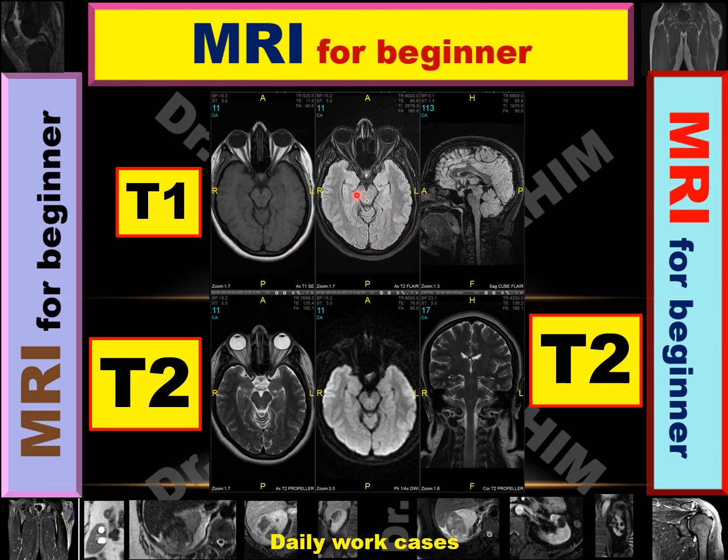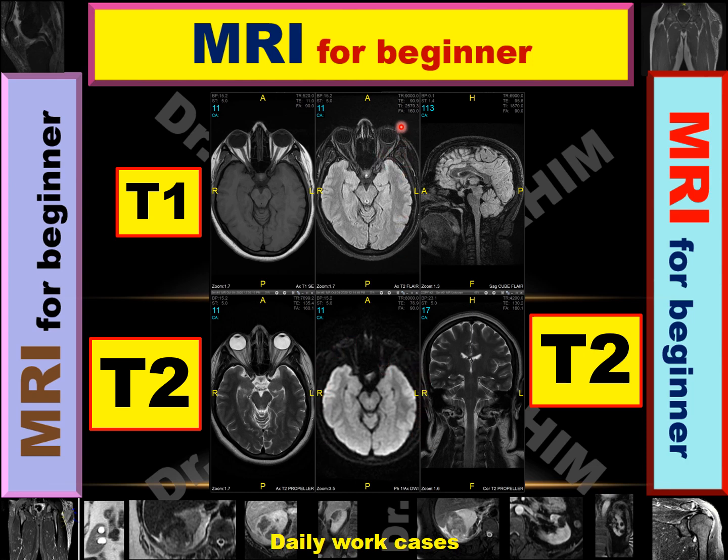However, if the white matter, like this, is darker than gray matter, in this sagittal image of the brain and this axial image of the brain, then you are between FLAIR and diffusion weighted image. Look at the outline.